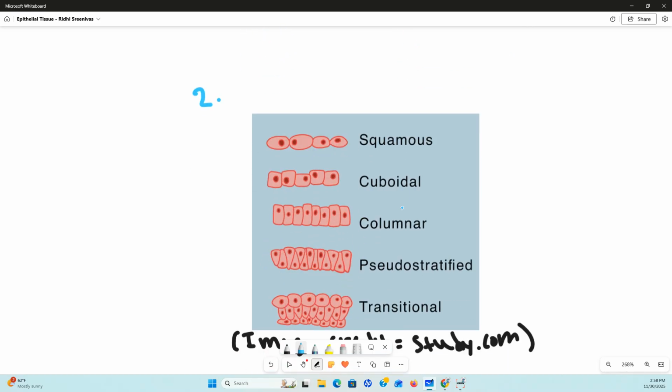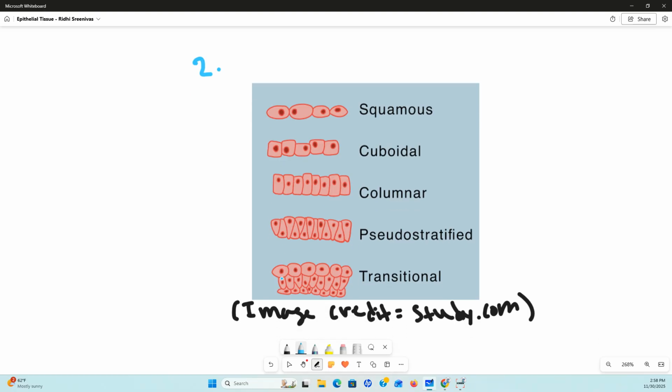So next, in the next category, and it'll make sense when I show you guys the diagrams when we get to the bottom. But let's go look at things in terms of cell shape, the second classification piece.